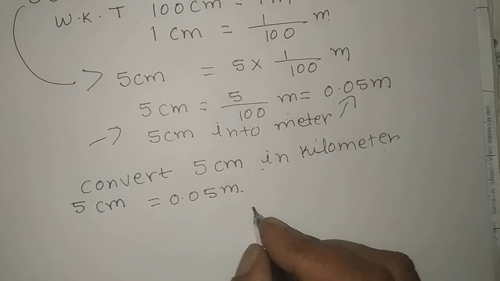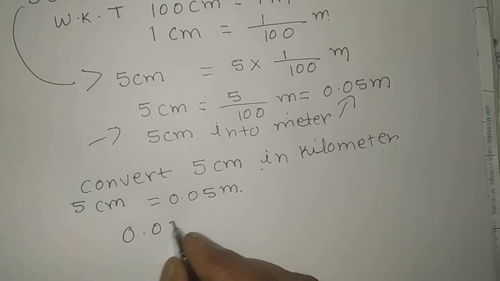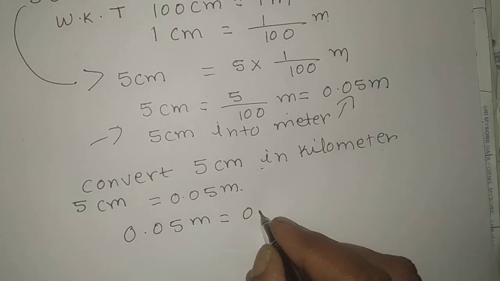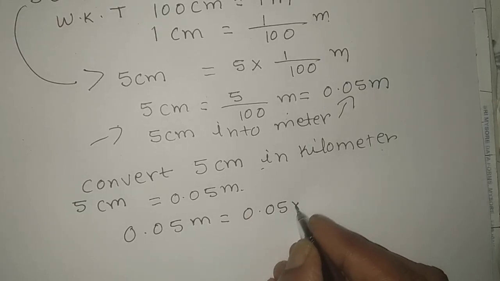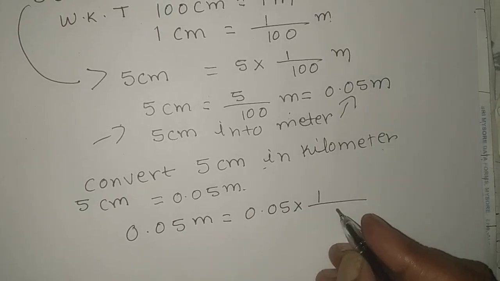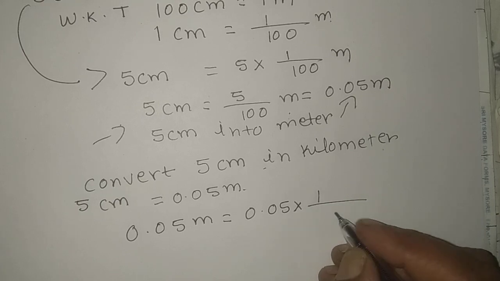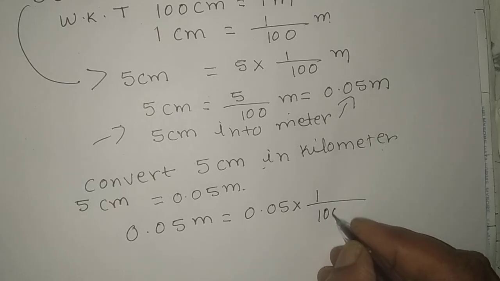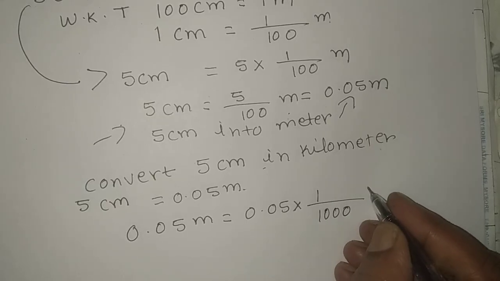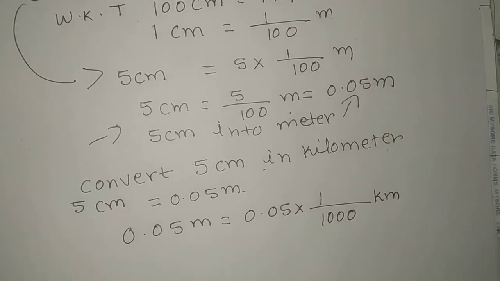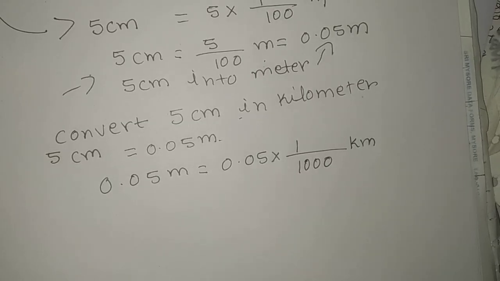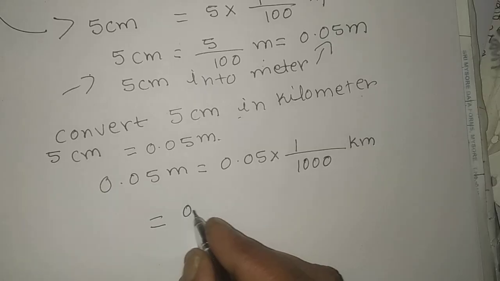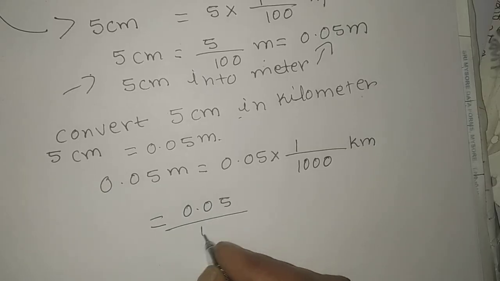Therefore, now 0.05 meters is equal to 0.05 into 1 by 1000 kilometers. So now this one is 0.05 by 1000.